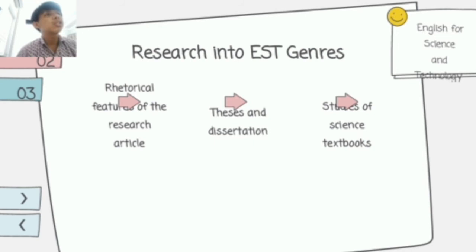Myers' 1992 comparison of these two genres found a number of register differences. Personal subjects such as we in RA refer to researchers. In textbook, they refer to reader and writer. RA as written in the past tense for method and in the present for well-accepted facts in the discipline.